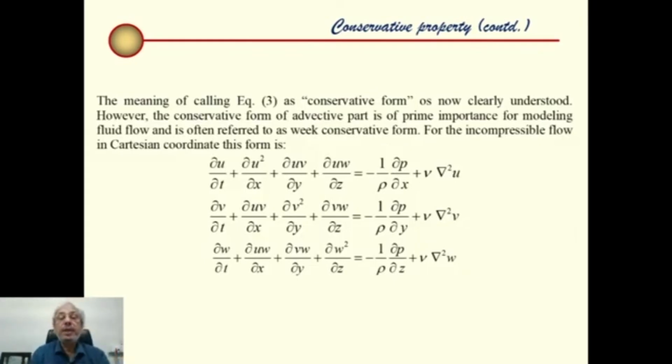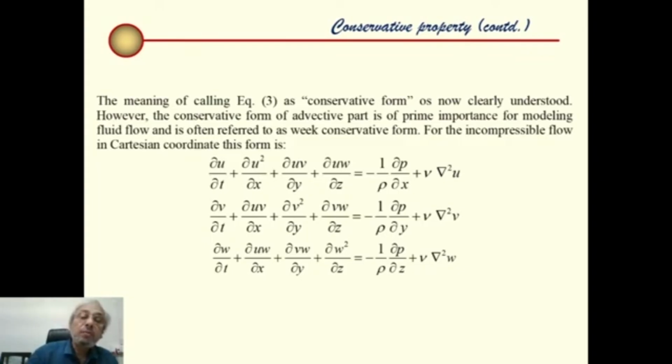So from here, calling equation 3 conservative is now clearly understood. However, the conservative form of the advective part is of prime importance for modeling fluid flow and is often referred to as weak conservative form.